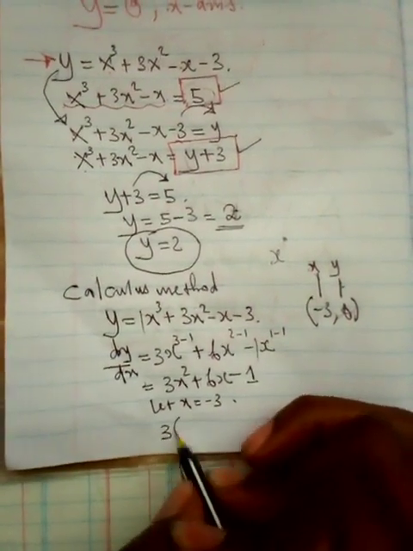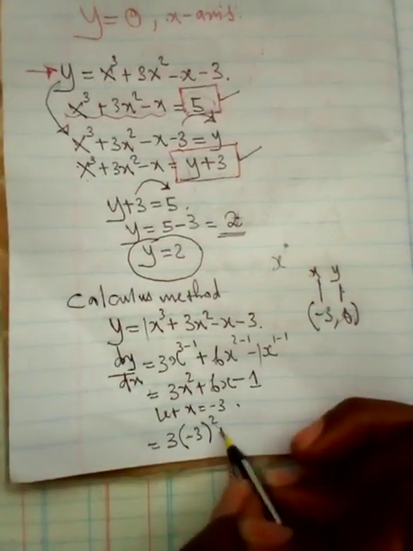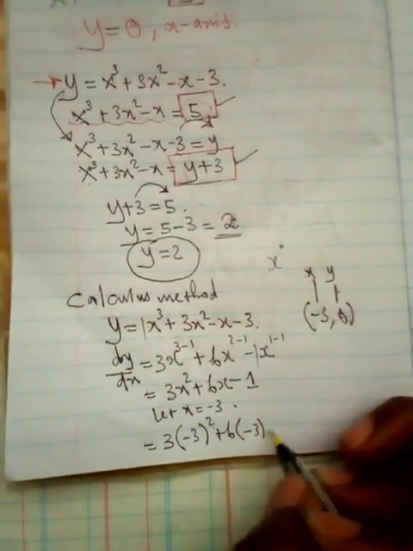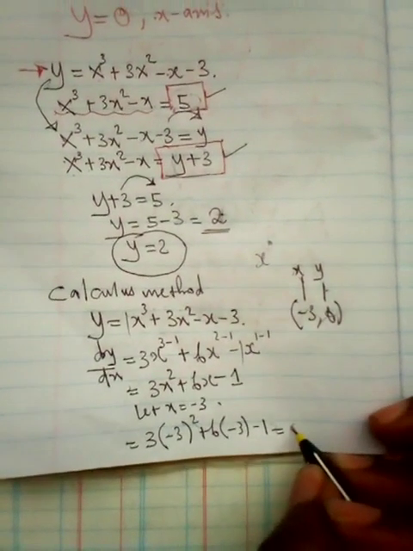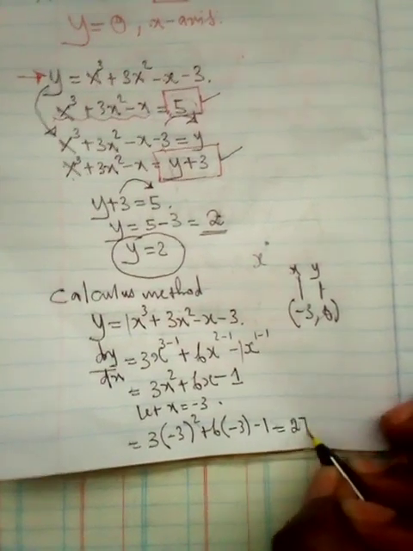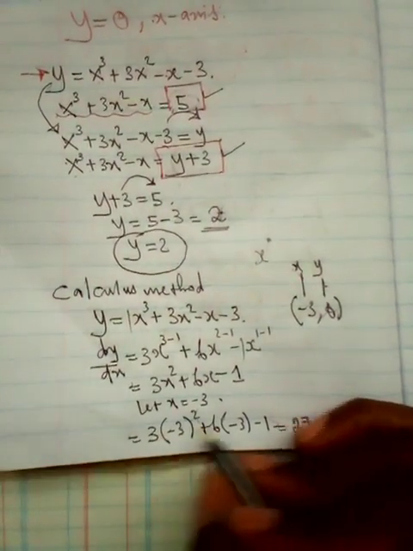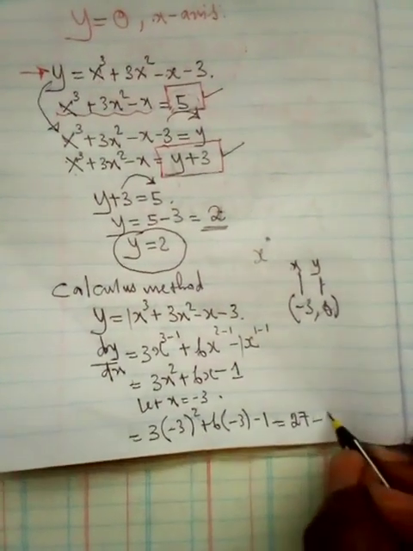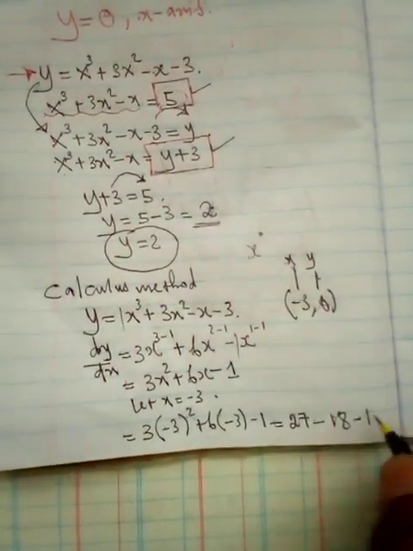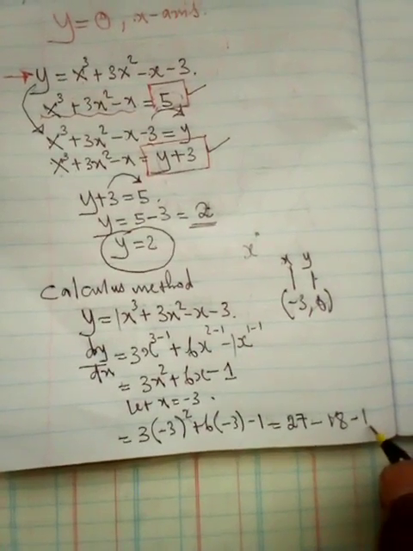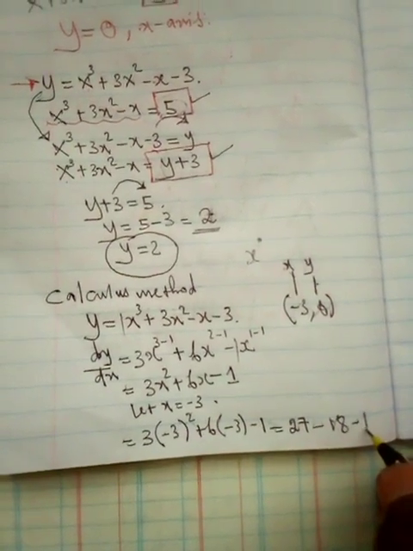This is going to be 3 times -3 squared plus 6 times -3 minus 1. That is 27, because 9 times 3 is 27, and 6 times -3 is -18, hence the minus there. So 27 minus 18 minus 1, which I believe is just going to be 8.